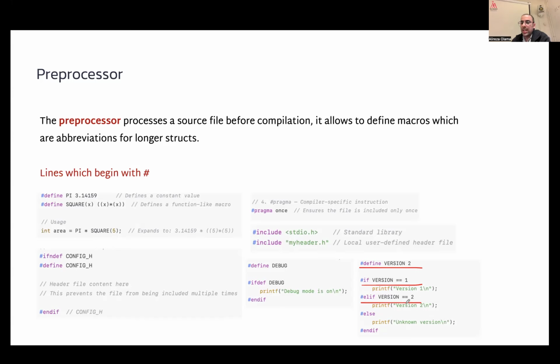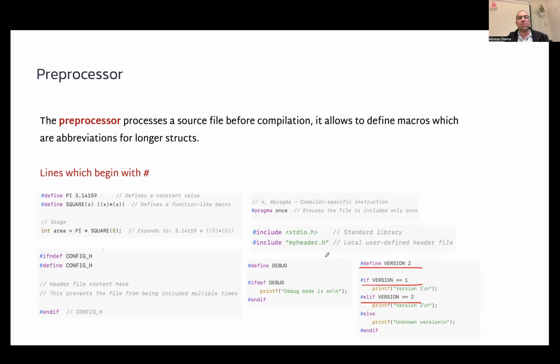Another application of this is to write platform dependent code. For example, here you can define a platform. It can be Mac, Windows, or Linux, and based on that, you can write different platform dependent code depending on the operating system that you're using.